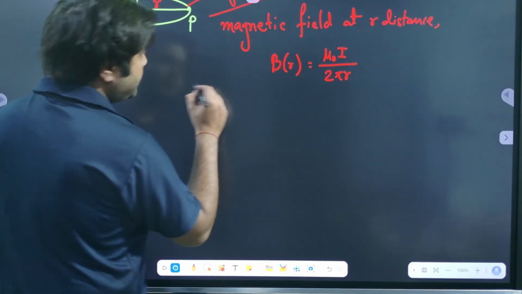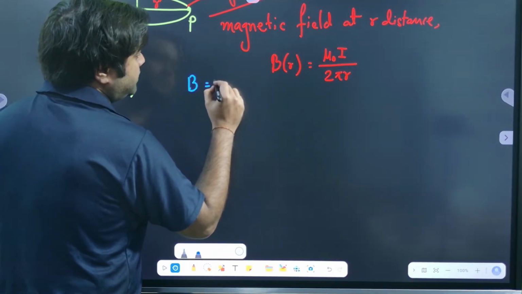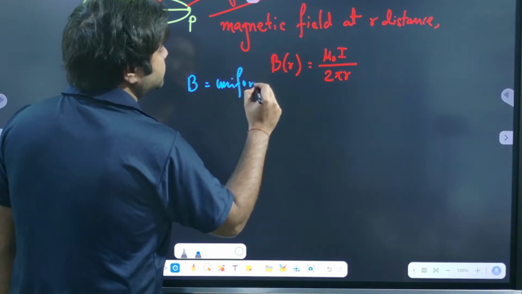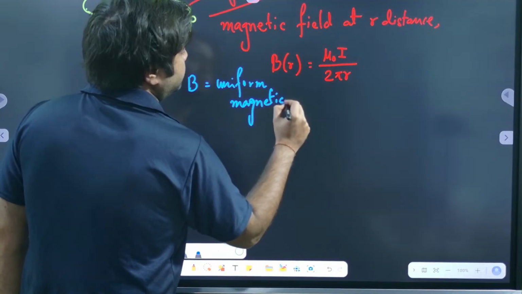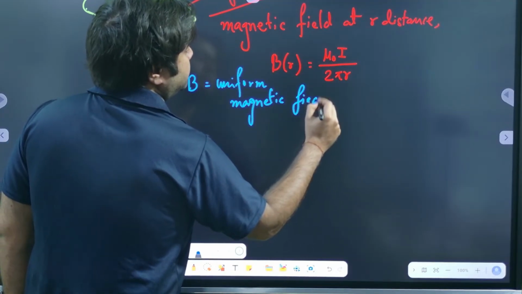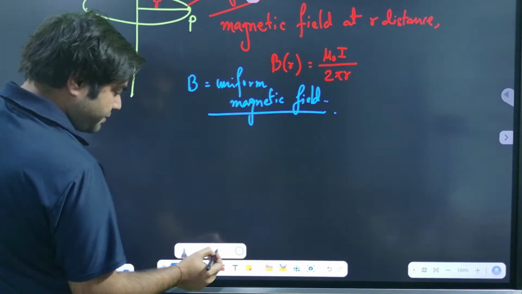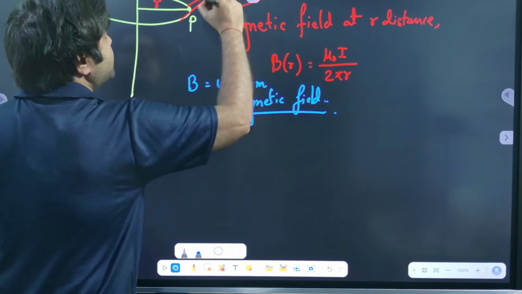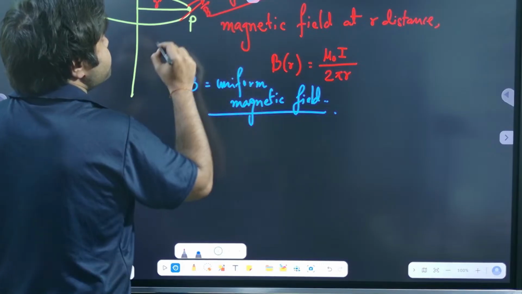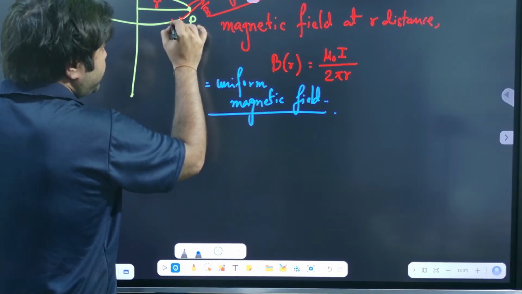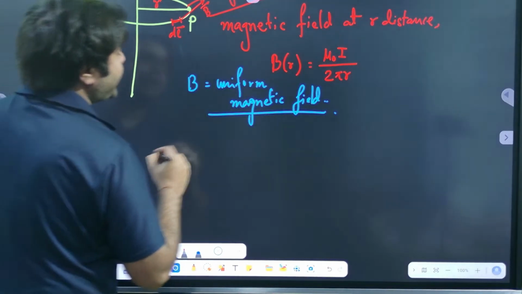Now if I consider this B as a uniform magnetic field, suppose this is the direction of the magnetic field and I am taking a very infinitesimal length dl over here, so that line integral will be this amount.